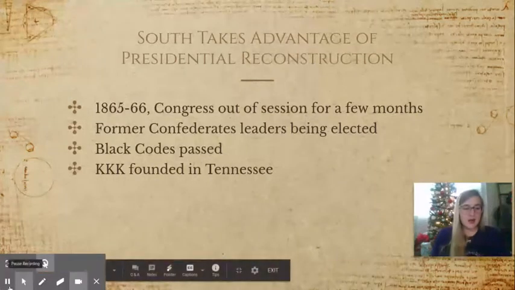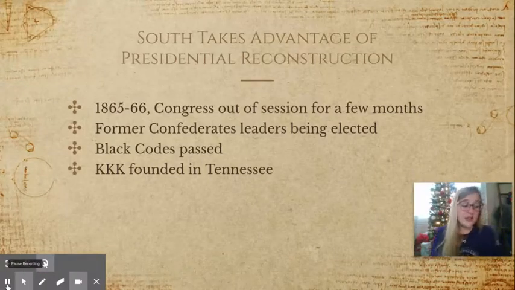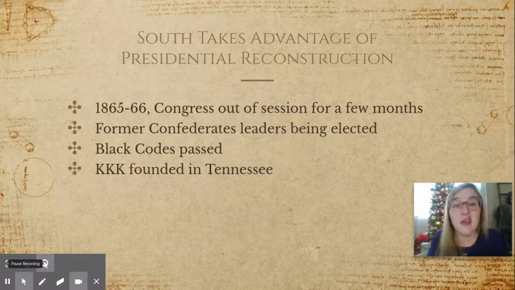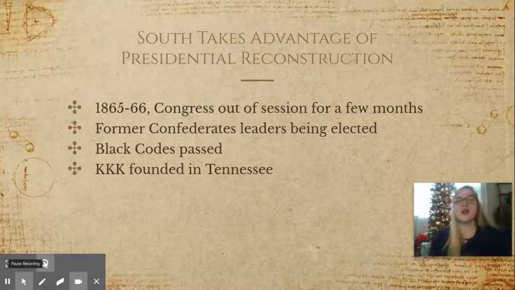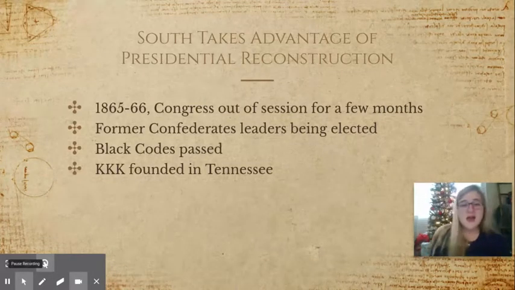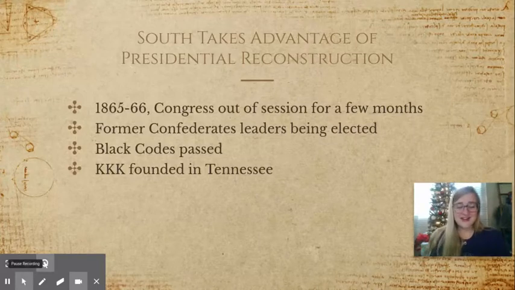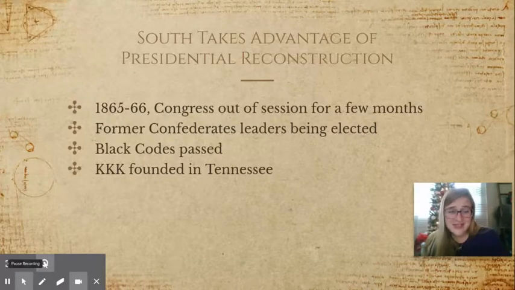Basically, white Southerners had this window of opportunity to do whatever they want in the South. While Congress is out of session, while the president has power of Reconstruction, they know the president's kind of on their side. And so they start electing Confederate leaders to federal Congress and in other high offices like governors, and in their state legislatures.